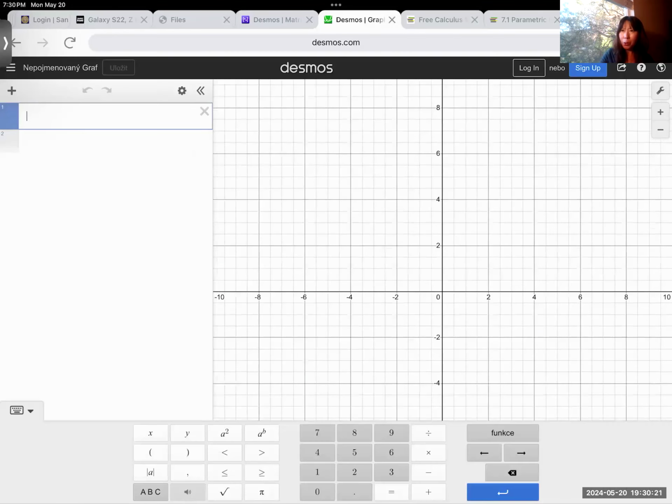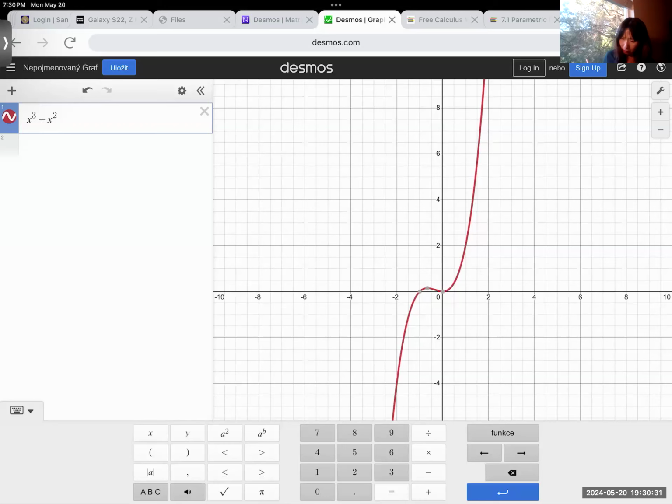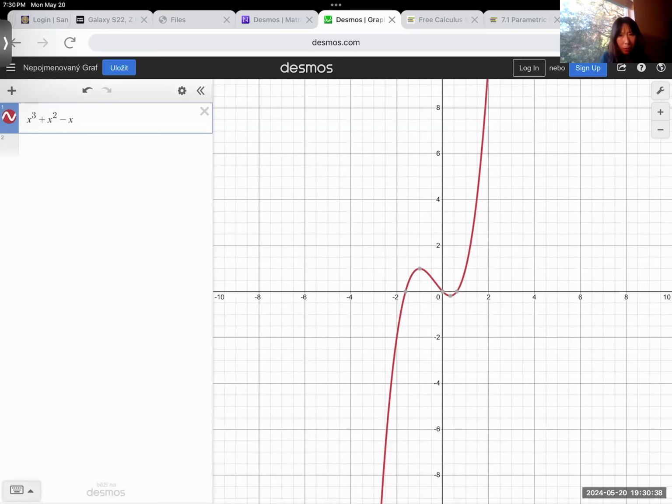So lambda cubed, so x to the third power plus x squared and minus x. So we have 0, 0, 0.